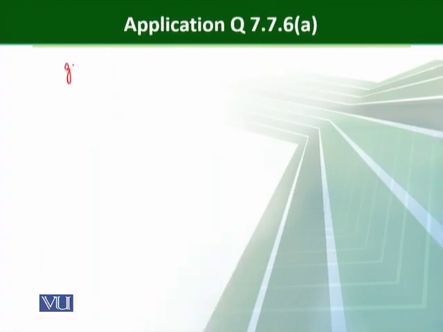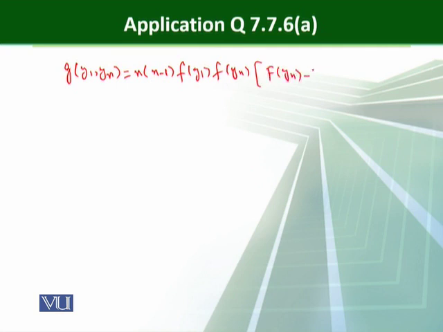So again we need the joint distribution of Y1 and Yn, and we know that the joint distribution, g of y1, yn, is equal to n into n minus 1 into f of y1, f of yn, into F of yn minus F of y1 raised to power n minus 2. First we need to find the CDF of Y1.